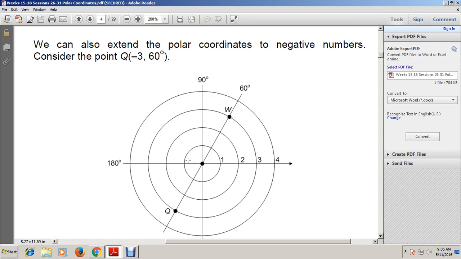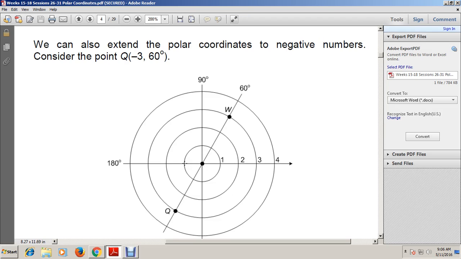Okay, so negative 3 and 60 degrees means that the negative 3 measure is measured on the negative x-axis, so that is 3 units. If this length is 1 unit, that corresponds to 1 unit to the left. So negative 3 corresponds to negative 3 units to the left of our origin or our pole.